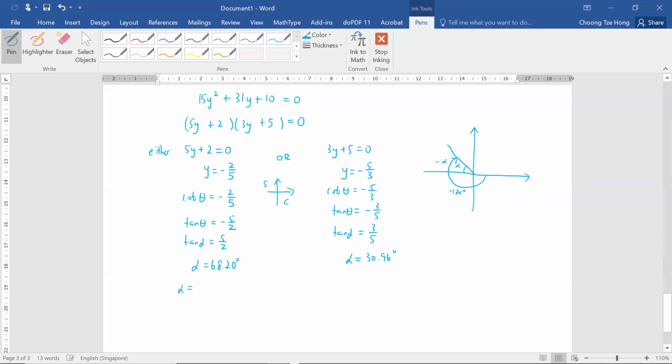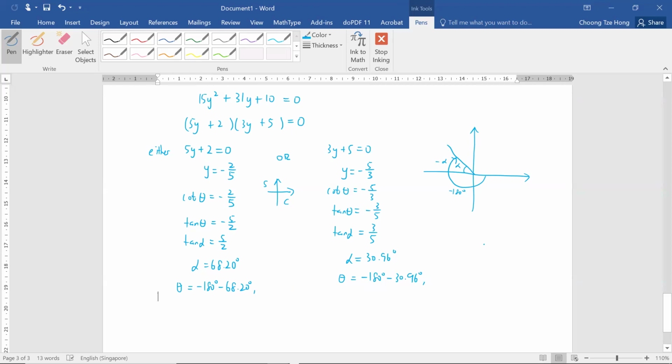It will be negative 180, then minus away another basic angle. Sorry, this one is not alpha, this one should be theta already. So theta, same thing for here, theta will be negative 180 minus another 30.96.